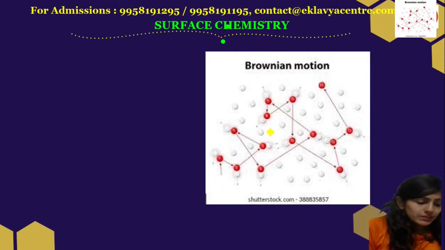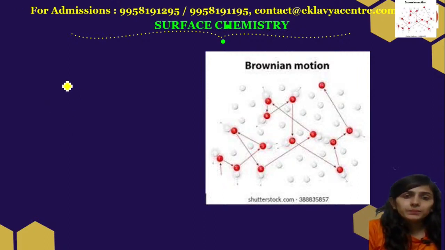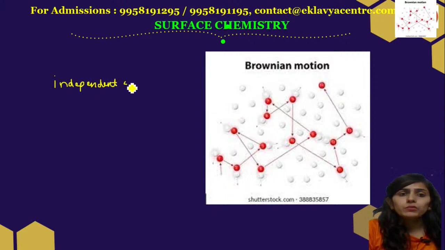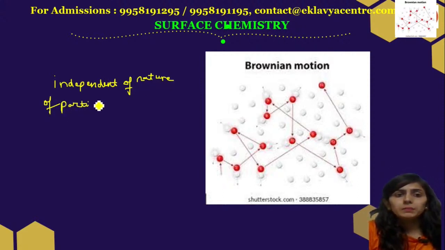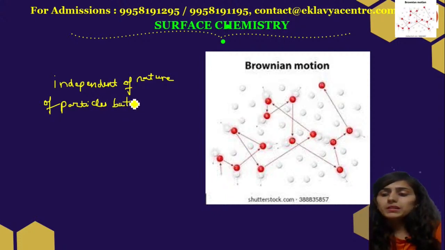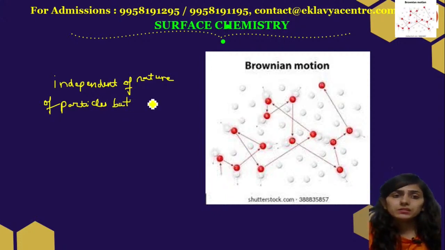Yes, they keep moving in a zigzag motion, and this motion is independent of the nature of the particles, whatever particles you are taking, but depends on the size of the particles.